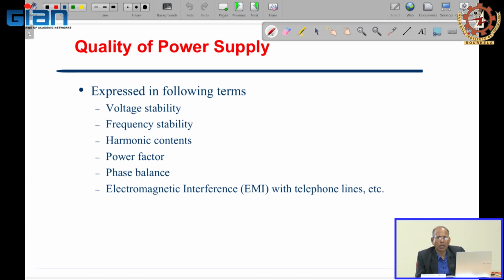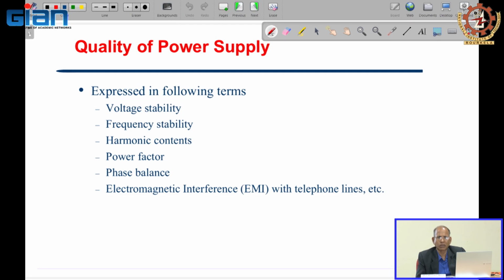Some of the quality parameters we keep in mind, whether it is a conventional power system or renewable power systems: two important parameters are voltage stability and frequency stability, extremely important.